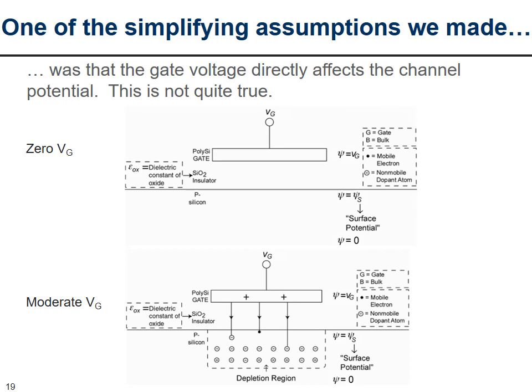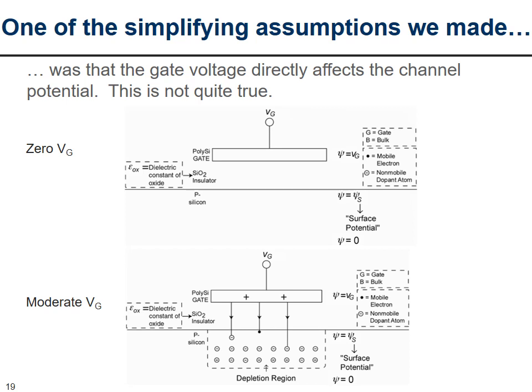The reason for that is effectively because of depletion region capacitance that arises because of the doped channel region of the device. So when the gate voltage is 0 and the substrate is 0, the surface potential is 0, everything's 0, fine.